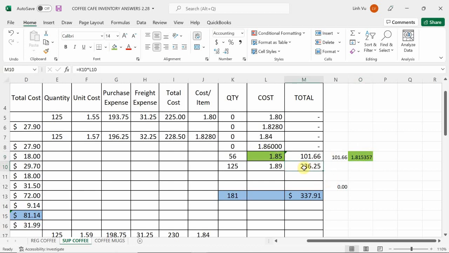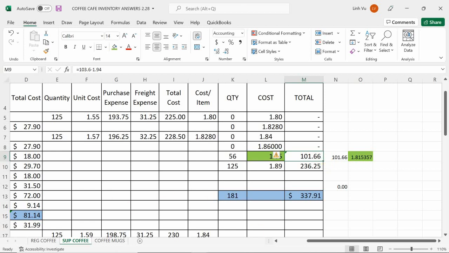That means I've overwritten this one, because I subtracted that $1.94. So now I have a new cost per item of $1.81, which is going to give me a total of $101.66.